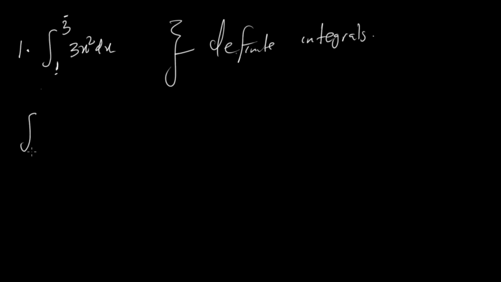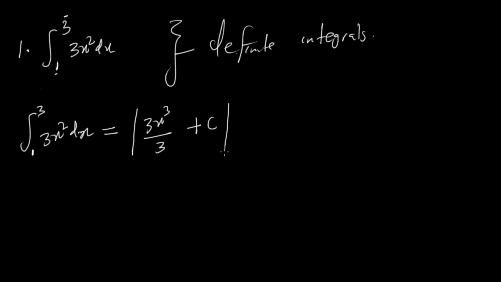So the integral from 1 to 3 of 3x squared dx equals, just like we used to find the integral of functions, the integral of 3x squared is 3x cubed over 3 plus c. We enclose this in two slashes.